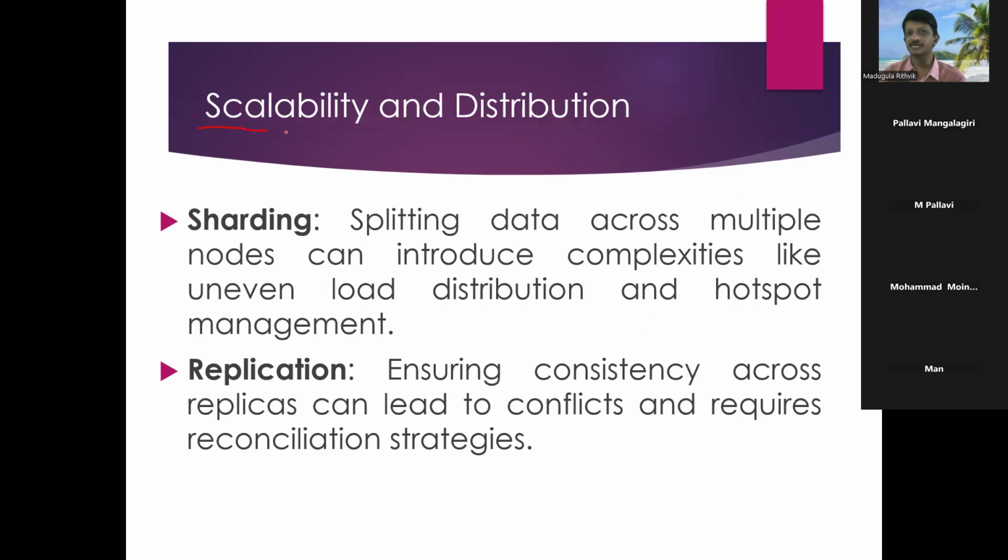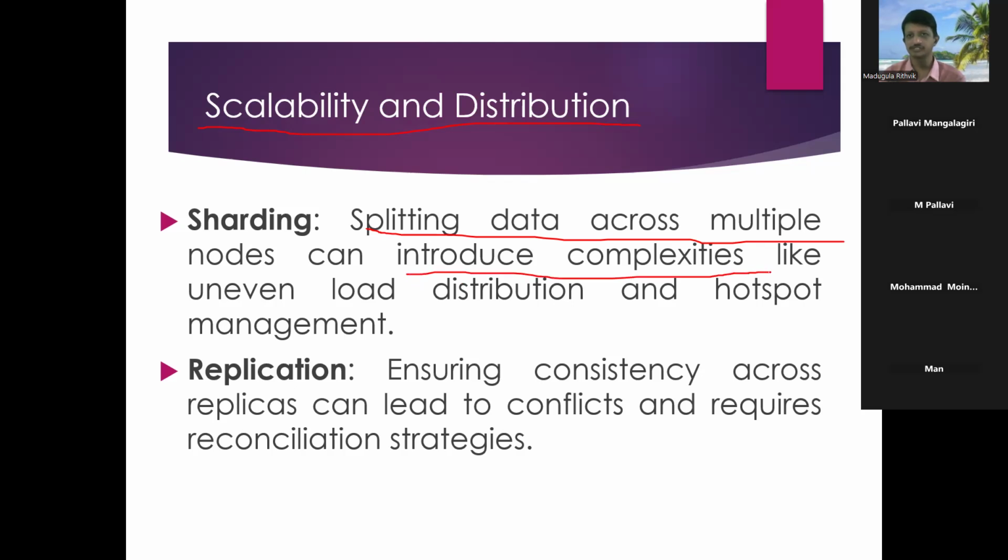And the third thing is scalability and distribution. We have splitting up the data into multiple components. So we are going to take the large amount of data where we have sharding and shared-nothing architecture. This is also one of the major important architectures that we come across in the NoSQL database.